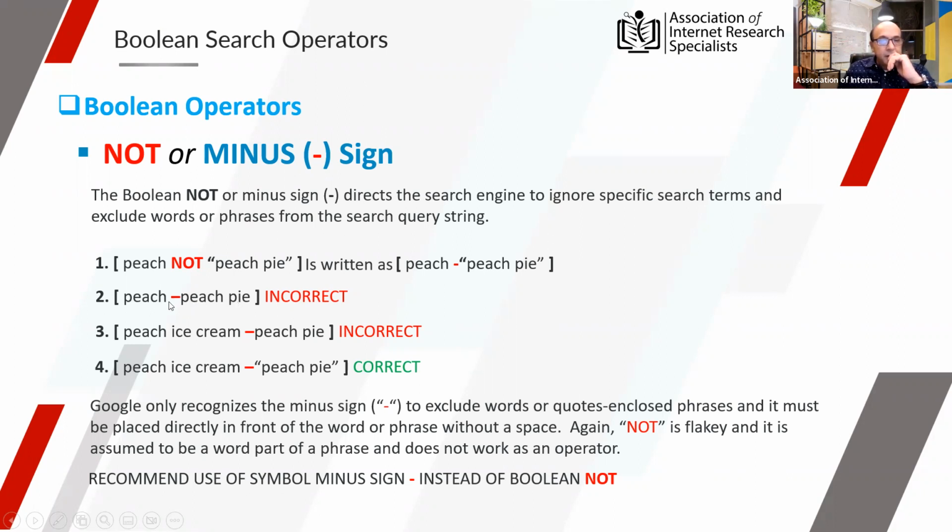But look at what you intended initially for the word to be excluded. When you put a minus sign here, it is actually going to work against the word peach, which is what you thought you were looking for.